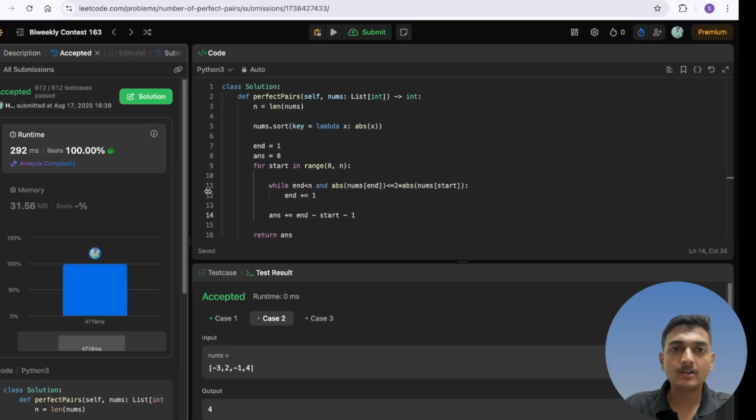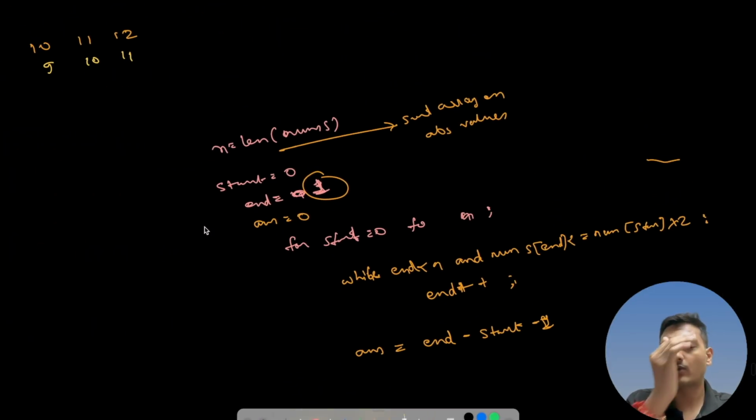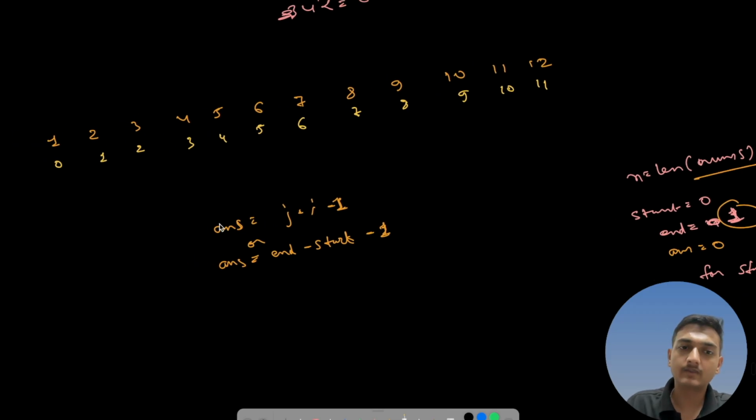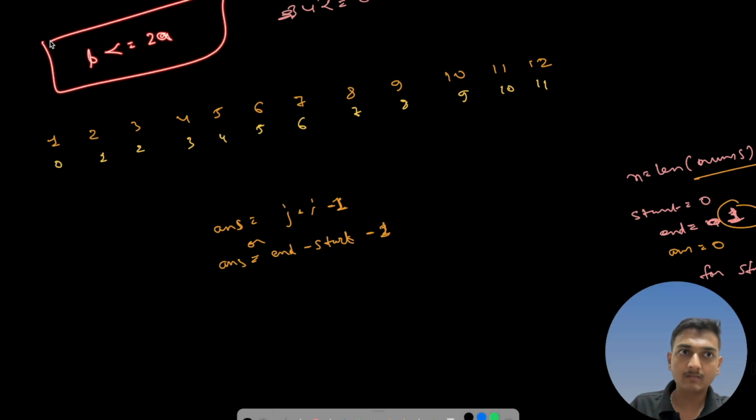So I hope I'm able to explain how we come from brute force to this optimal solution. The main thing to focus on here is the window, and we need to make a couple of observations. The first observation is that b should be less than or equal to 2a. If you are able to come up with this, you have solved half of the problem.